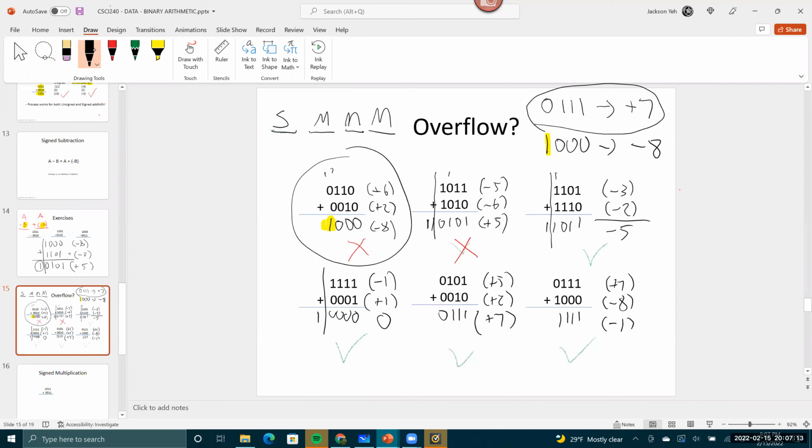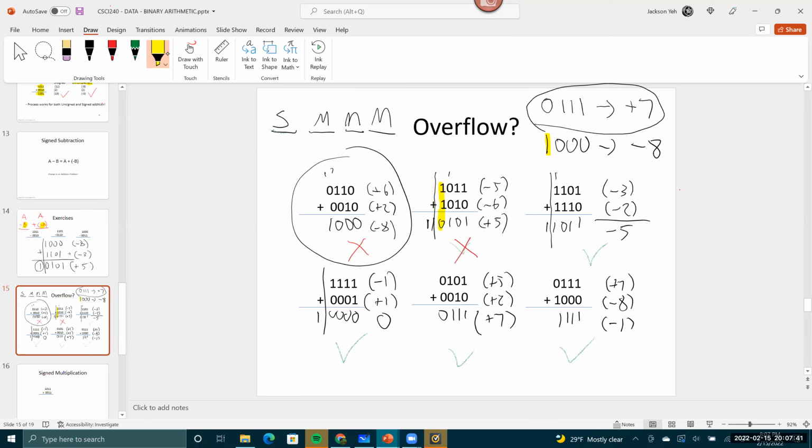So how can I tell there's logical overflow? Here's how you do it. I look at the signs. Look at the problems that are wrong. Notice that I have a negative number plus a negative number, and look at the sign of my output. It's positive. When we add two negative numbers and end up with a positive, you know that you have an overflow issue.